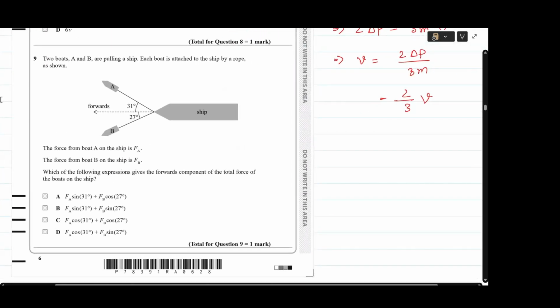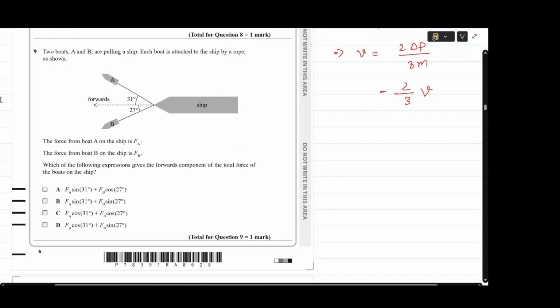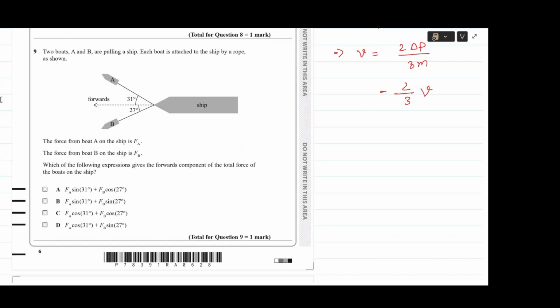Question number 9. Two boats, A and B, are pulling a ship. Each boat is attached to the ship by a rope as shown. Okay, so there is boat A, boat B. They are at different angles to the horizontal, and they are held together by a rope.